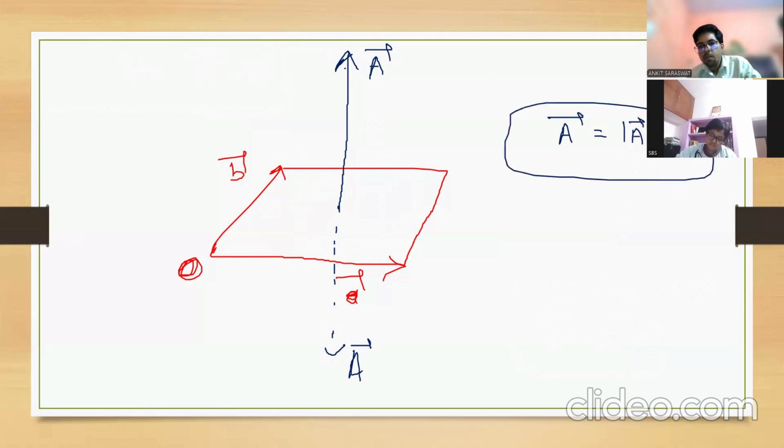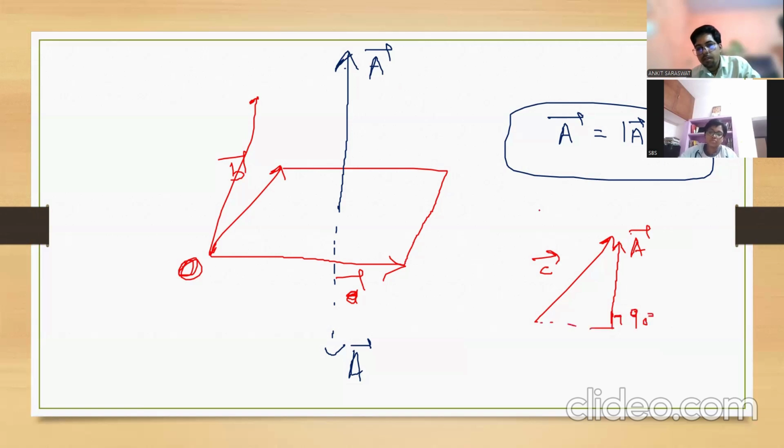Understood? Now, if any third side is given, for example, C vector is given, they will give. For example, C vector is like this, and area vector is like this, perpendicular, 90 degrees.